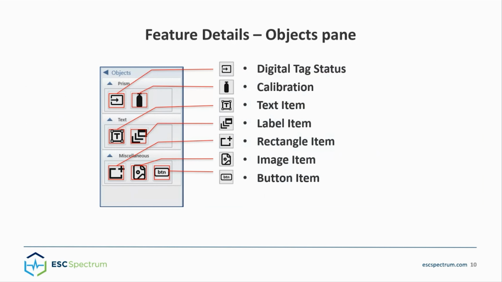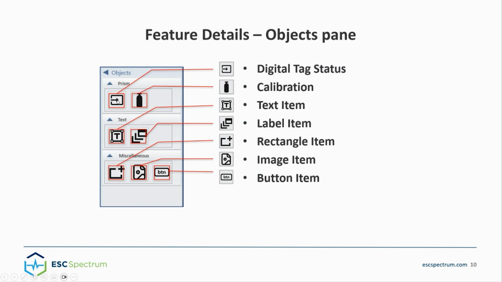So first, I wanted to talk about all of the dashboard controls that will be available in this version. In the object pane, we have them split up into Prism-related controls, and then underneath those are more generic controls, text controls, and miscellaneous.